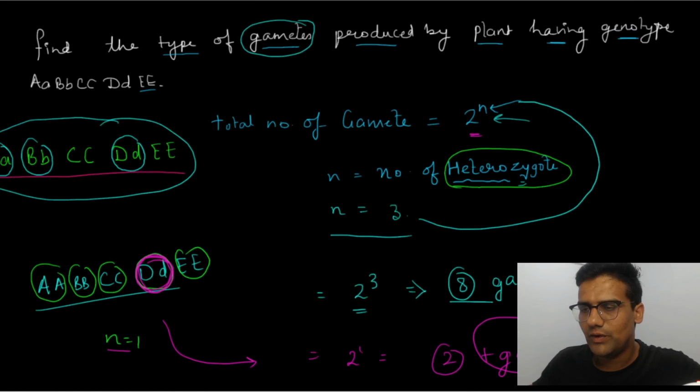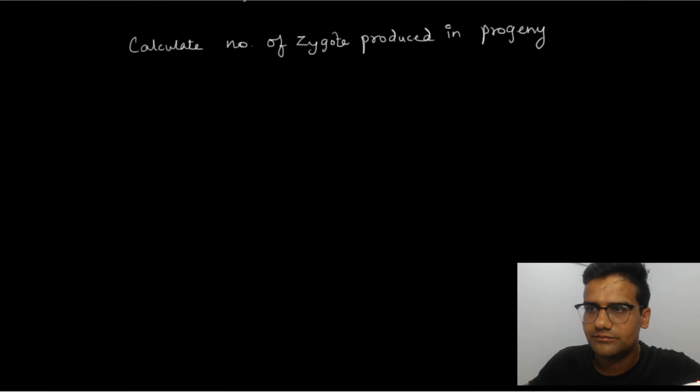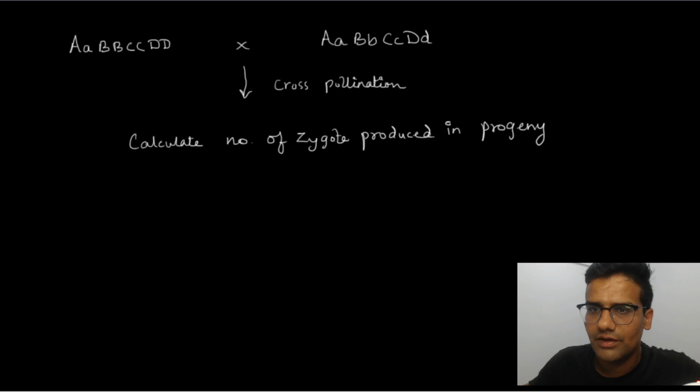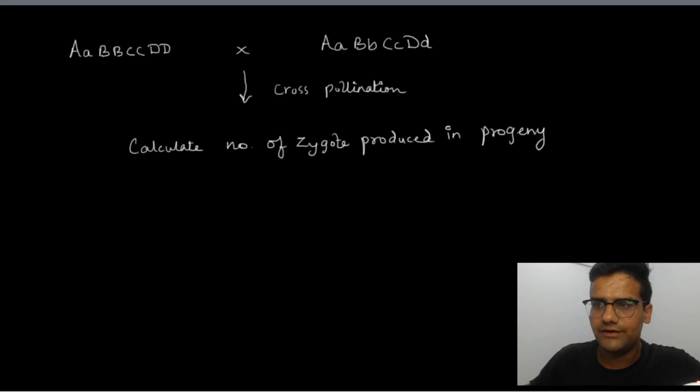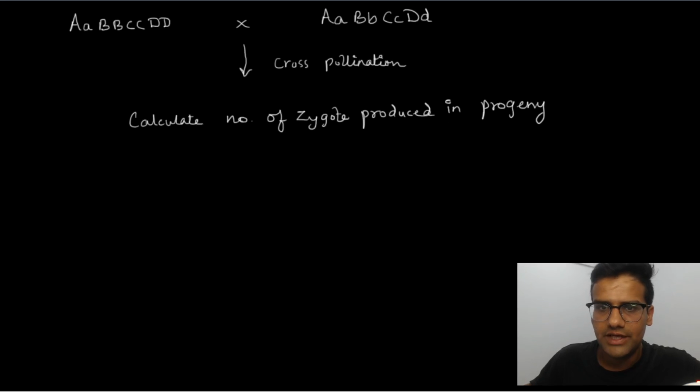Let's go to a more complex problem. Consider two plants: one is capital A small a, capital B, capital C, capital D, and the other is capital A small a, capital B, capital C, capital D small d.